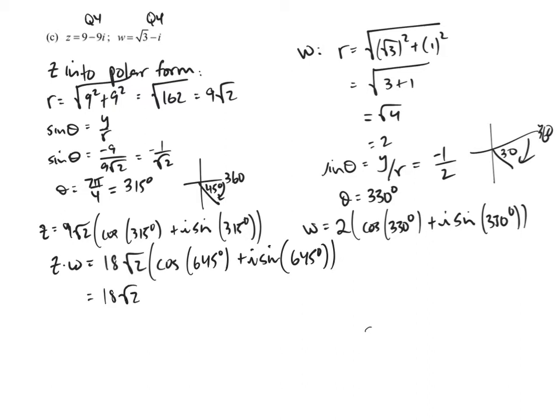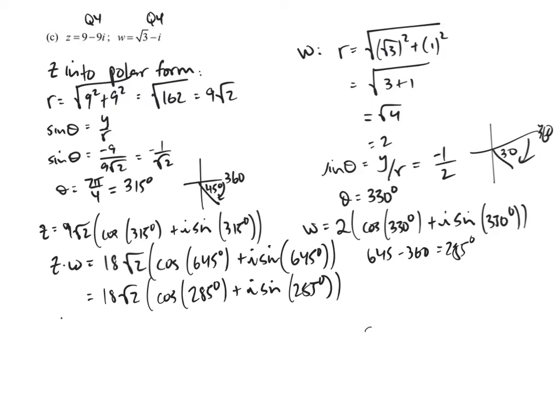And so the final answer that we want to write here for z times w is cosine of 285 plus i times the sine of 285. Again, the way that I did that is I just took 645 and I subtracted 360 so that I could make my argument be between 0 and 360.